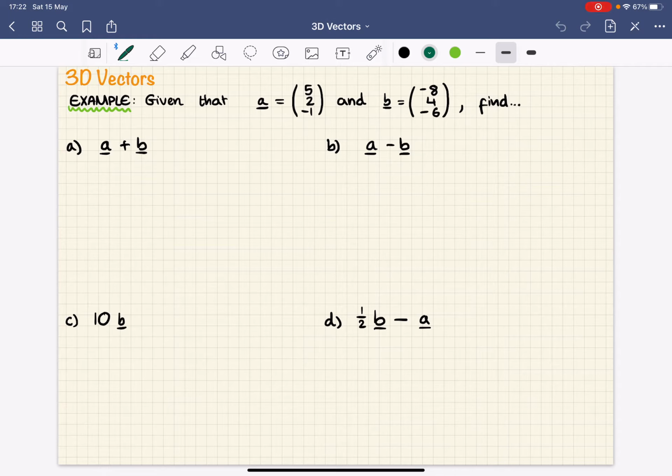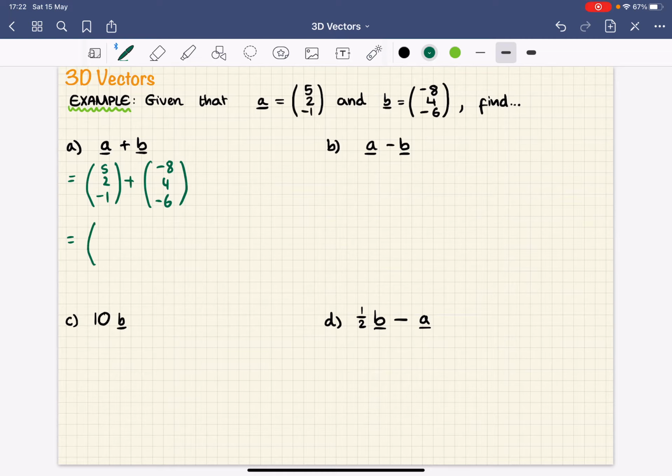So we've been given two vectors here, A and B, and I want to find the following resultant vectors. The first one, I've got A plus B. So I'm going to swap out the A for the component form, 5, 2, minus 1, and B as minus 8, 4, and minus 6. Then I'm just going to add together the corresponding parts of my vector.